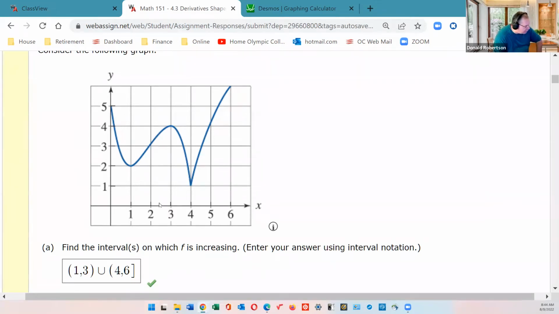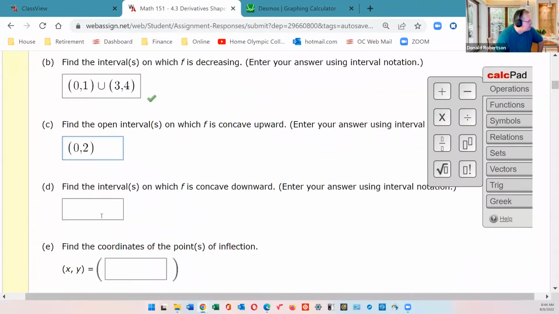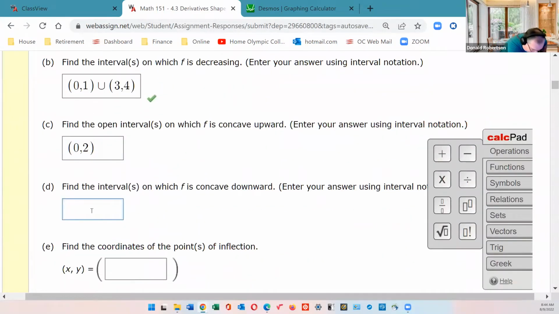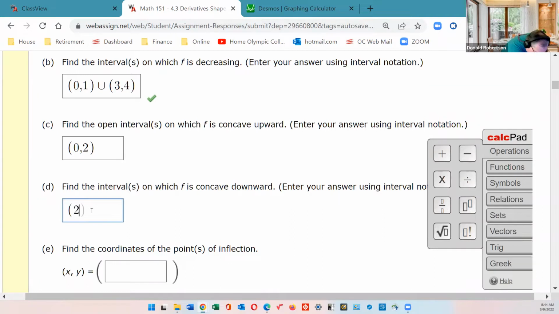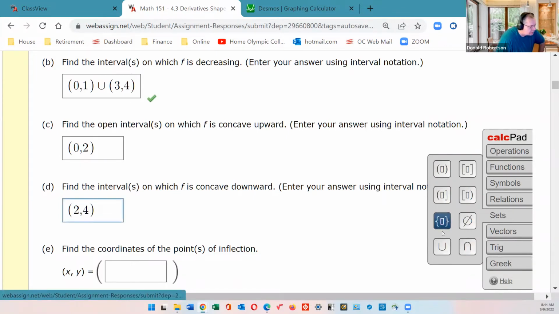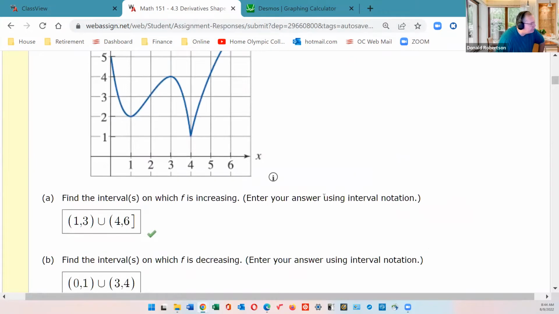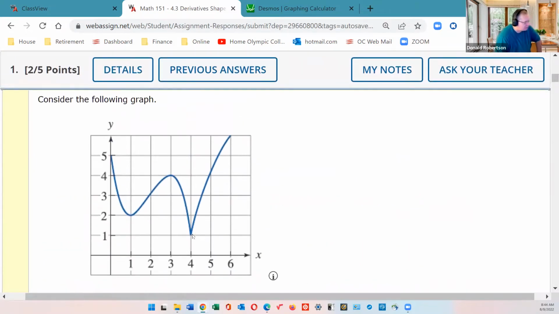From x equals 2 to x equals 4. So 2, 4. And then I'm going to do union. And the reason I'm doing union is from 4 to 6.